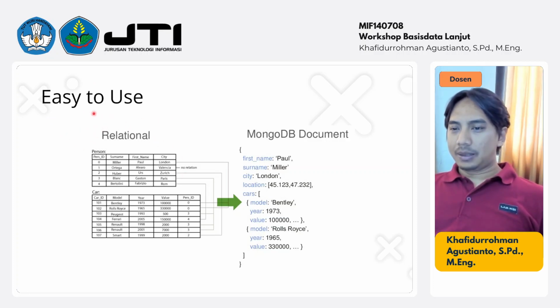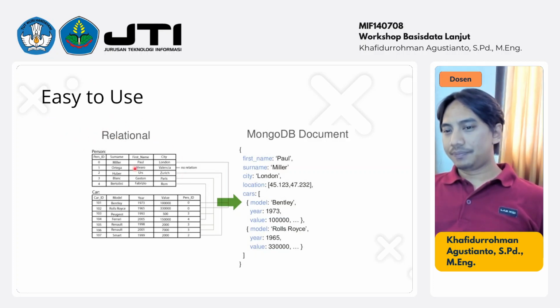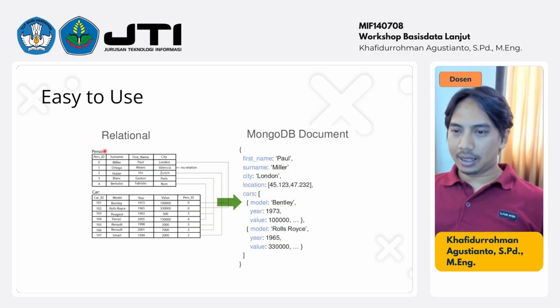These are some problems in relational databases. When we want to connect tables, we should have a primary key and also a foreign key.